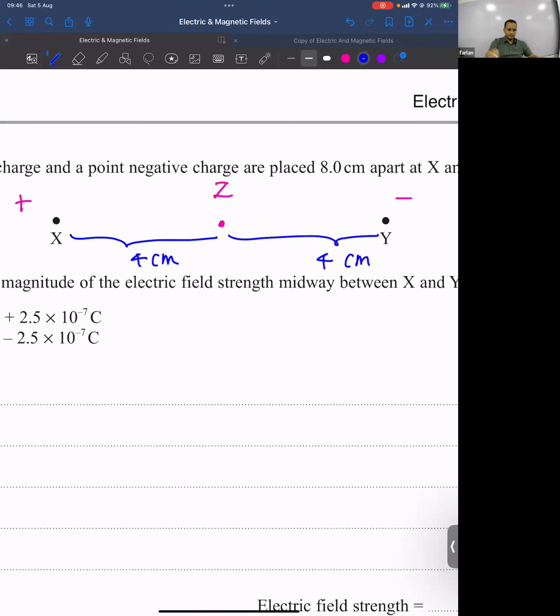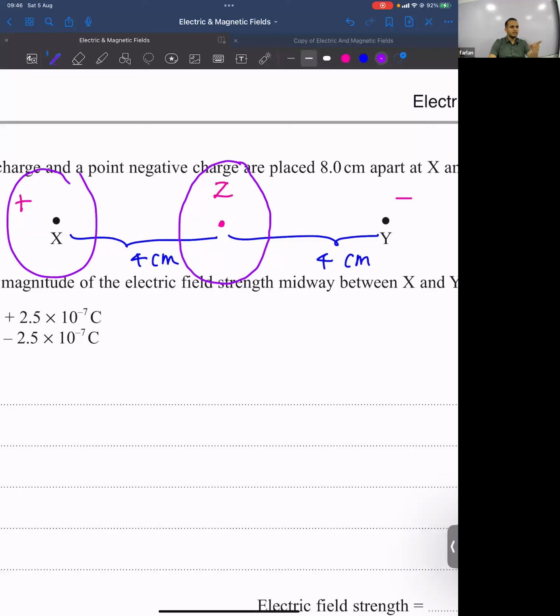Due to the charge X, what is the direction of the electric field strength at Z? Right or left?